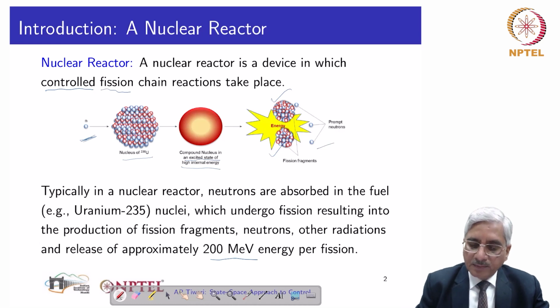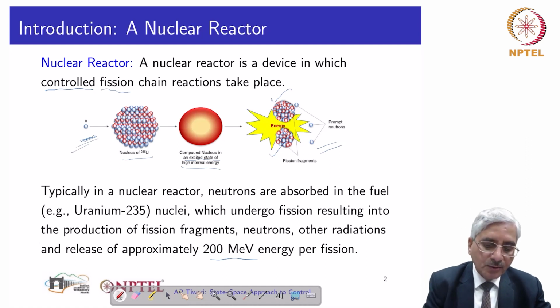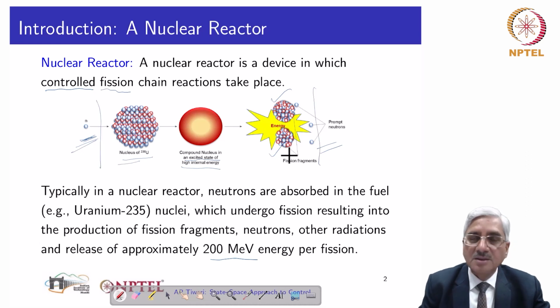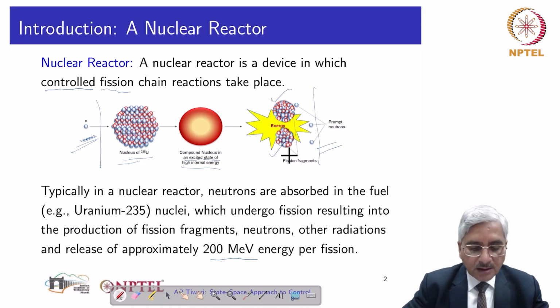These neutrons may get further absorbed, leak out, or they may cause further fission. And if the number of neutrons which were utilized in one generation is equal to the number of neutrons that emerge from fissions, if there is a balance, then the neutron flux in the nuclear reactor will remain constant.